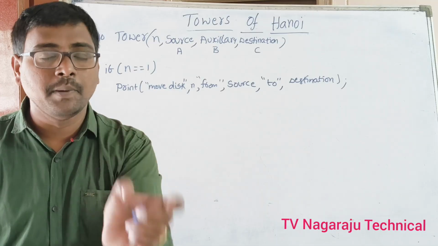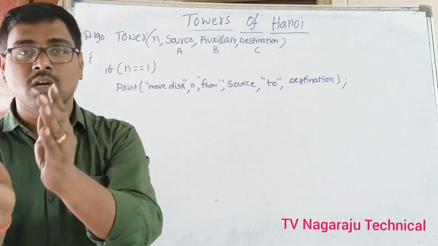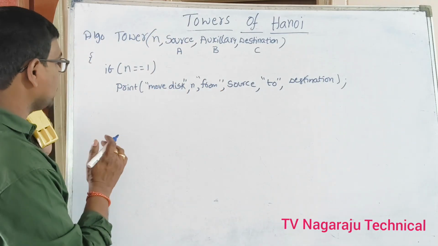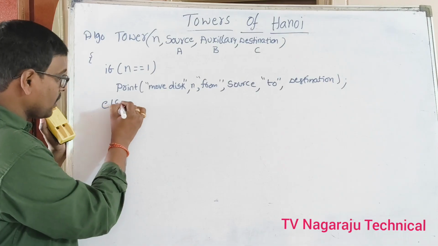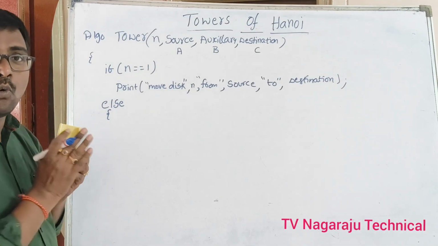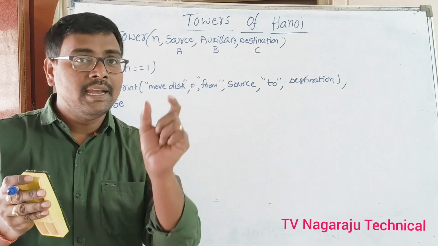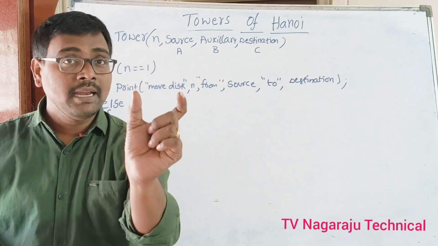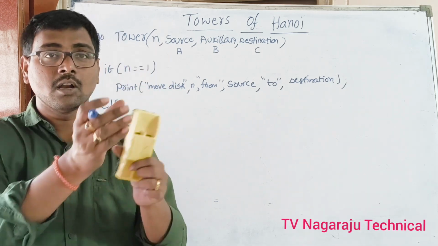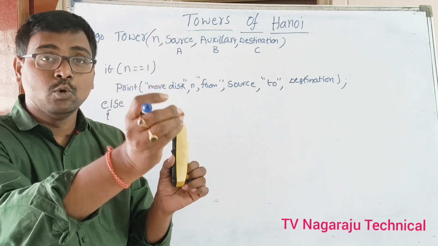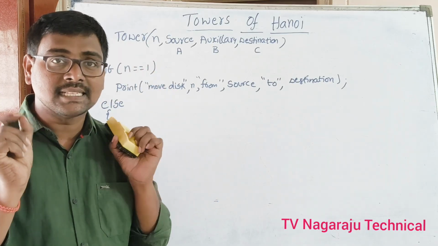For printing the complete message of which rod to which rod we are moving, I wrote the statement like this. Else, in the sense: what we are doing in the example, if you understand carefully, initially n minus 1 discs are moved from A to B by using C as the intermediate.